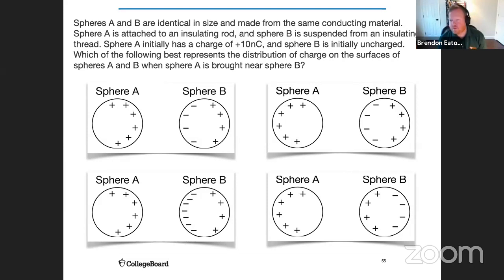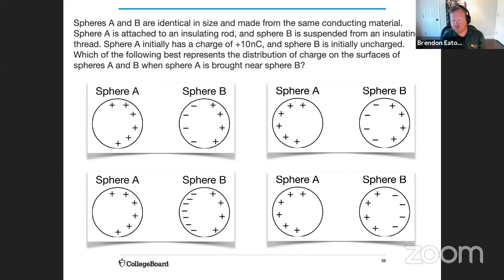But there is going to be some sort of induction or polarization happening on one of the spheres. If you start off with sphere A as being positively charged, every single one of my answer choices has a positive charge. However, notice the two left-hand representations of sphere A stacked on top of each other.